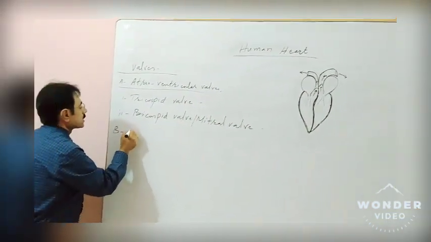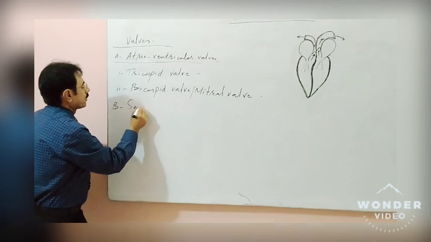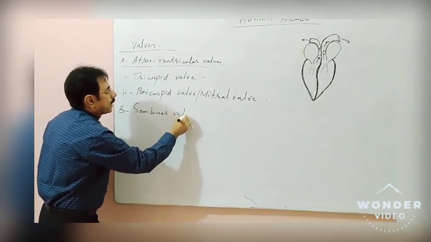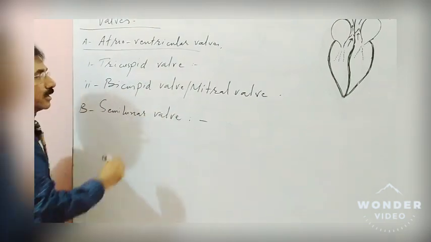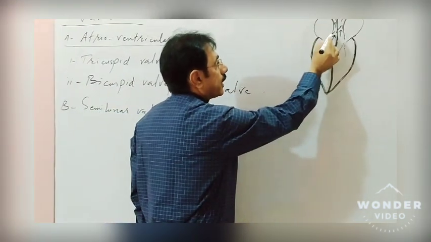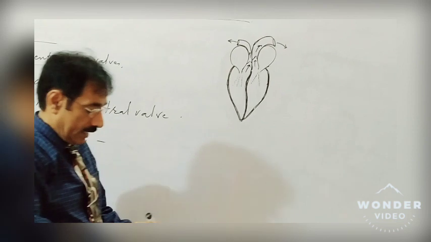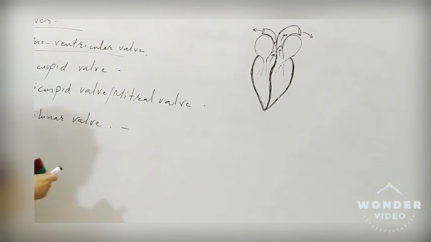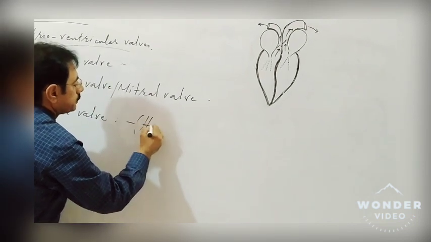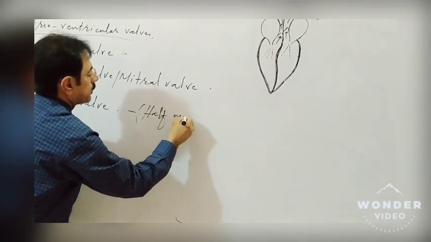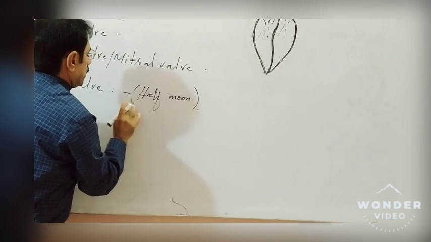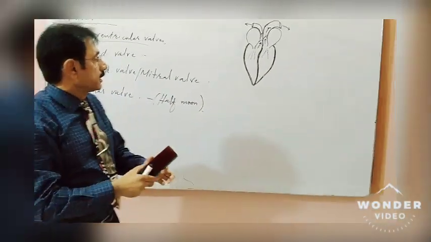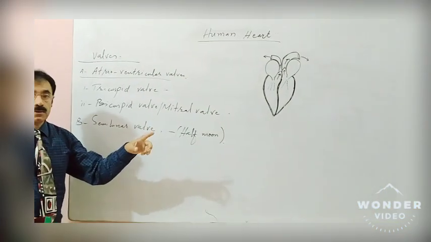These are called semi-lunar valves because semi-lunar means half moon; because of their shape, just like a half moon, they are called semi-lunar valves.